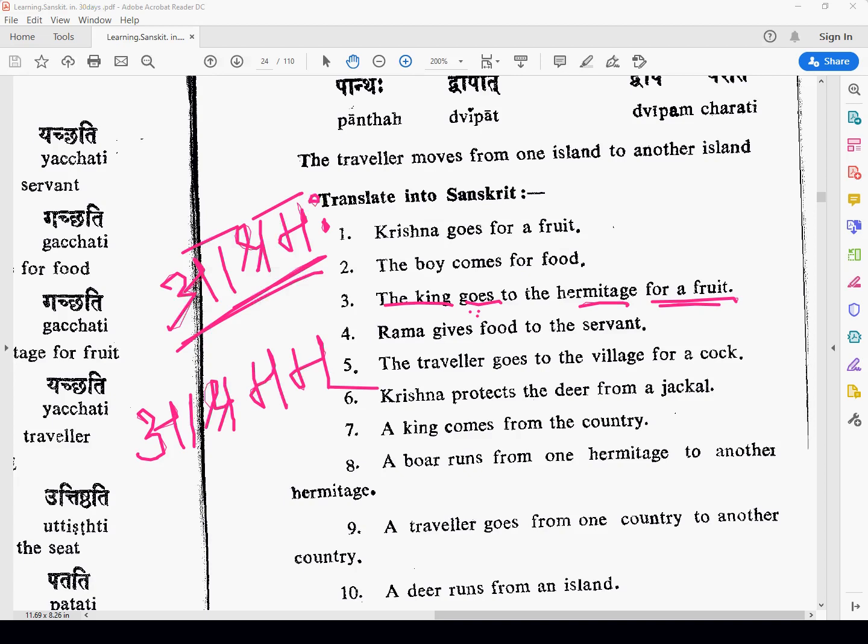Read again, the complete sentence. Nrupaha ashramam phalartham gachati. Good.